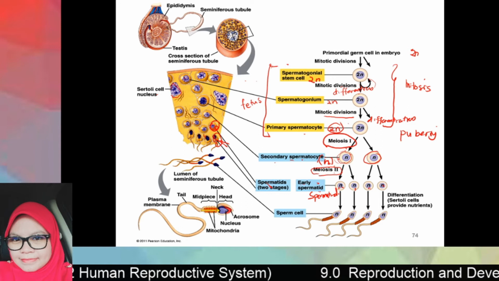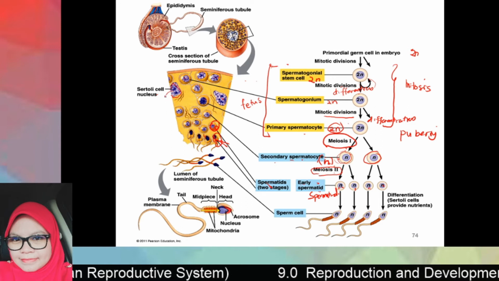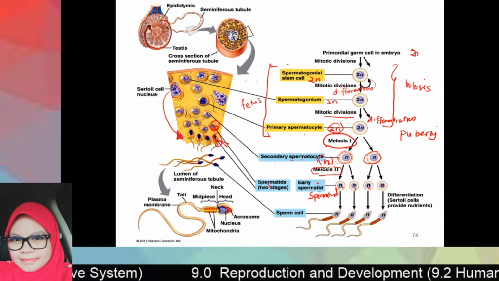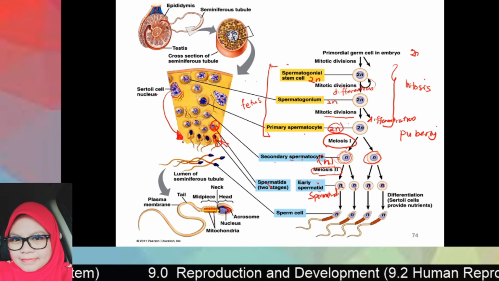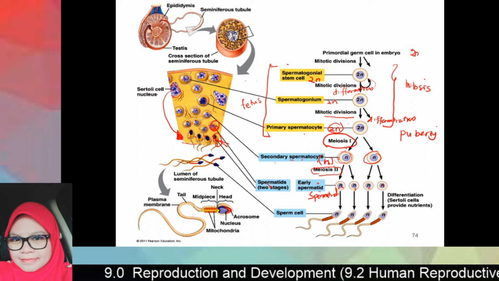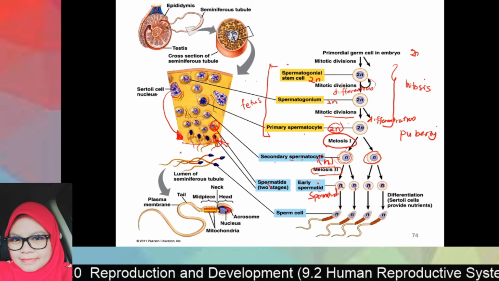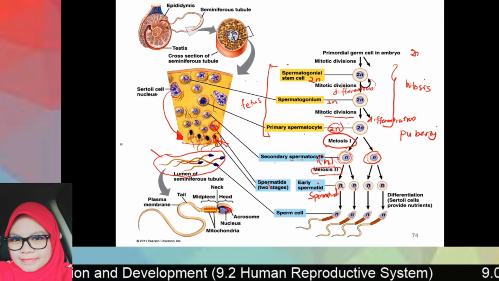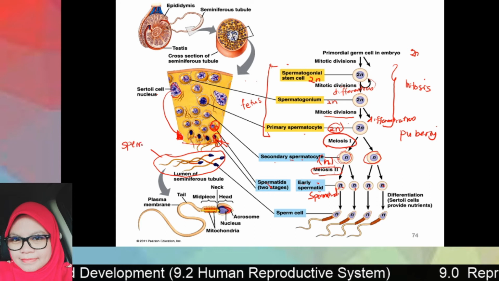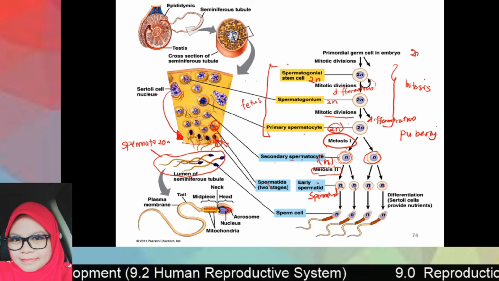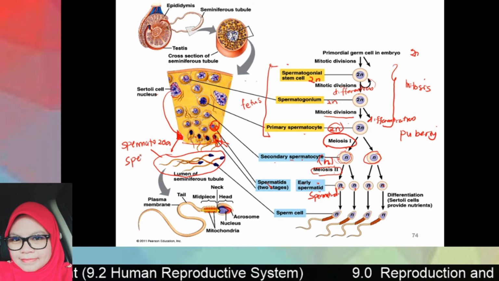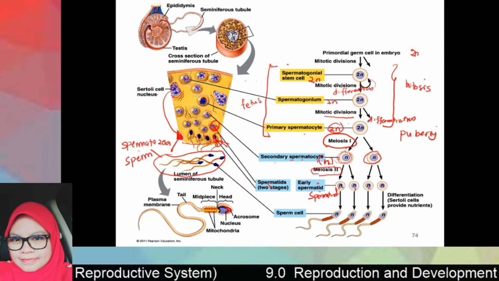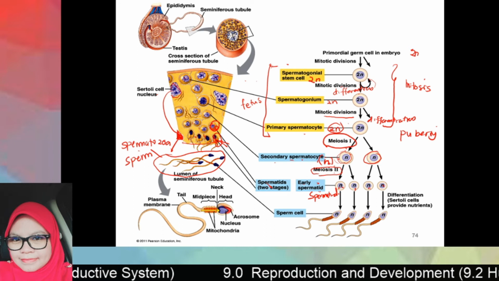So this spermatid will be nourished by the Sertoli cell. The Sertoli cell will supply food and nutrients until the spermatid detaches from the seminiferous tubule. When it detaches from the seminiferous tubule, its name becomes spermatozoa, also known as sperm. Okay, can you get it?